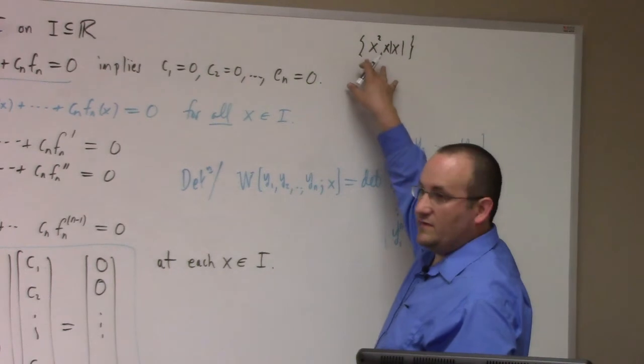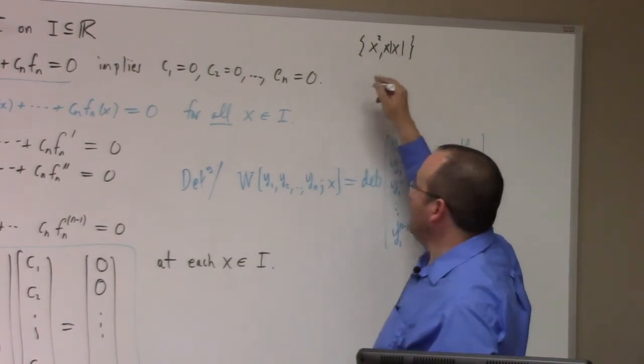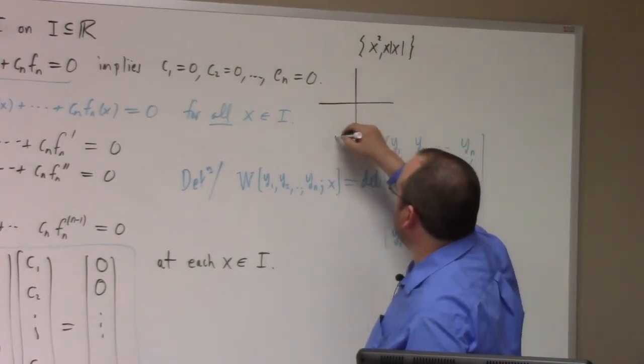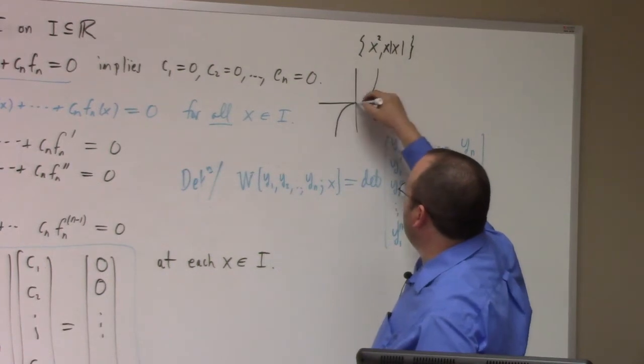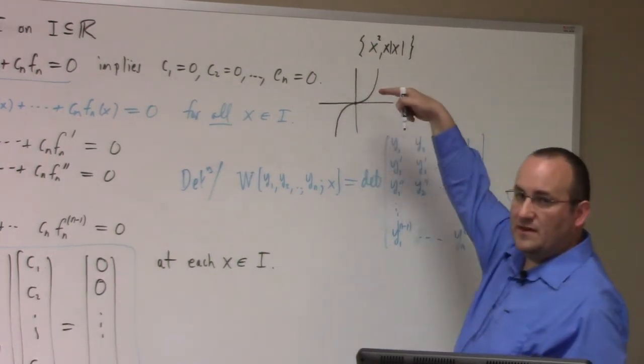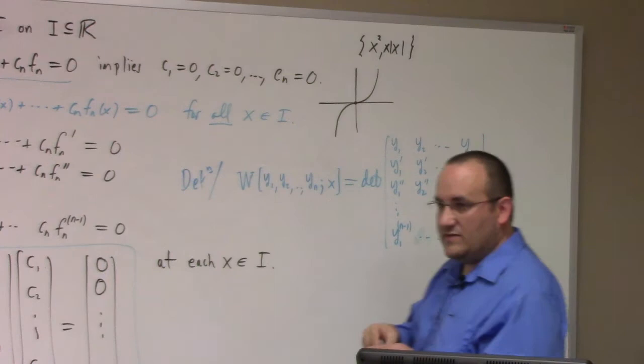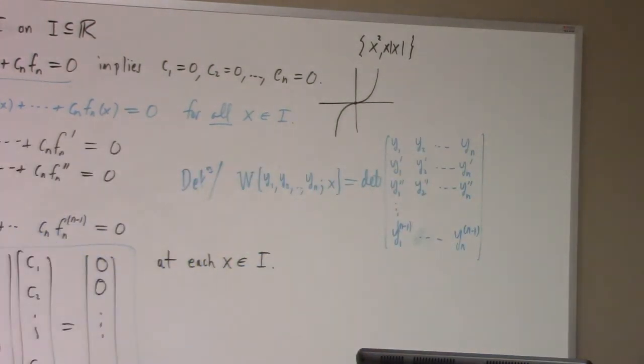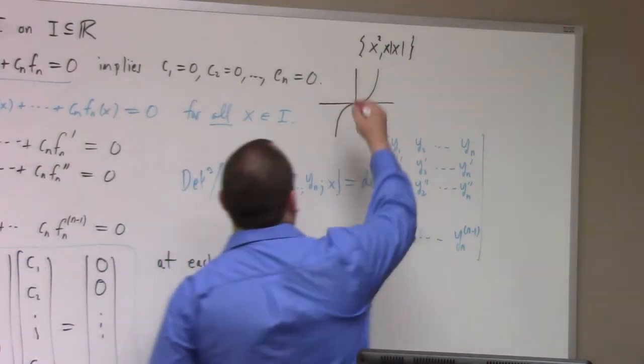I don't know if you've ever seen this function before. X times absolute value of x, it's kind of a funky function. It's two parabolas just glued together like that. The derivative of this function exists, but is not itself differentiable. This is a once but not twice differentiable function at 0.